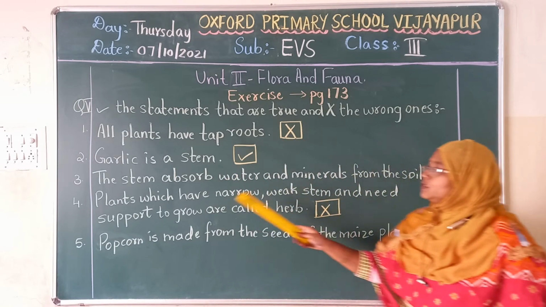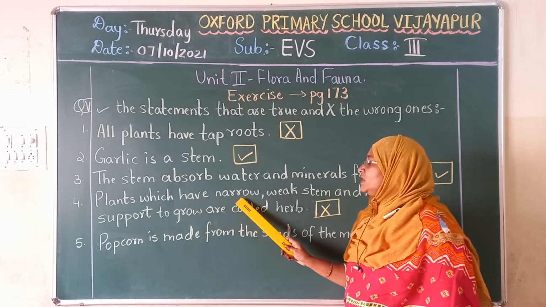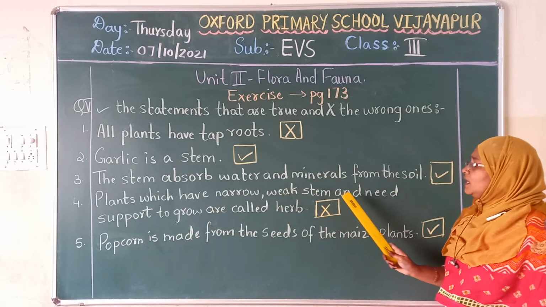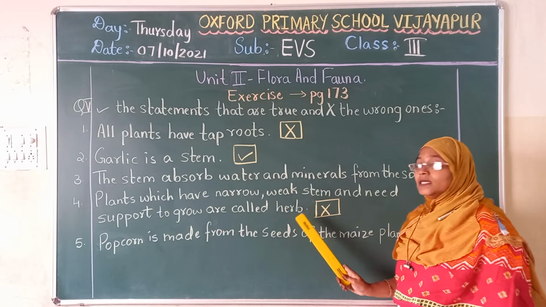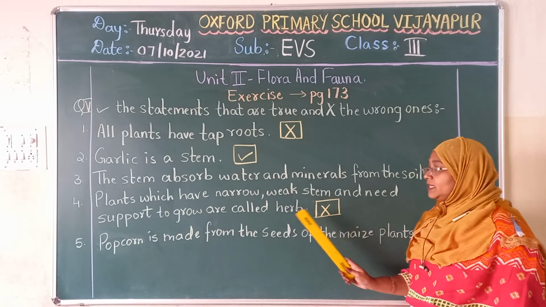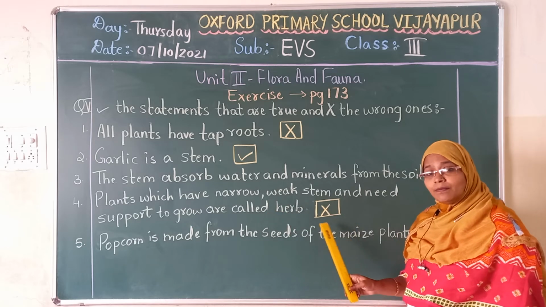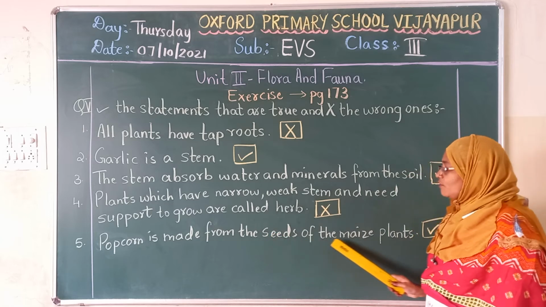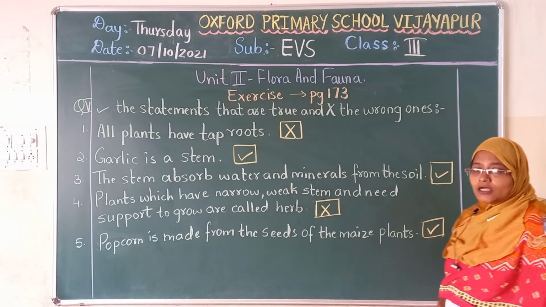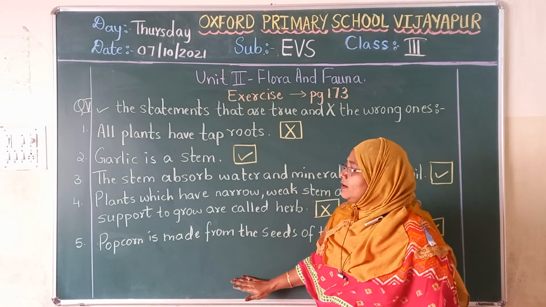Right. Fourth one, plants which have narrow weak stem and need support to grow are called herbs. That is wrong. They are climbers. So herb means wrong. Popcorn is made from the seed of the maize plant. Right. Now children, copy this 5.